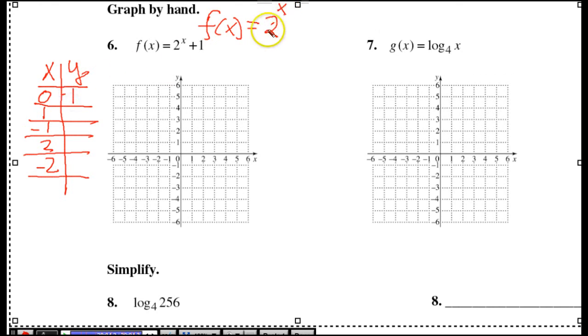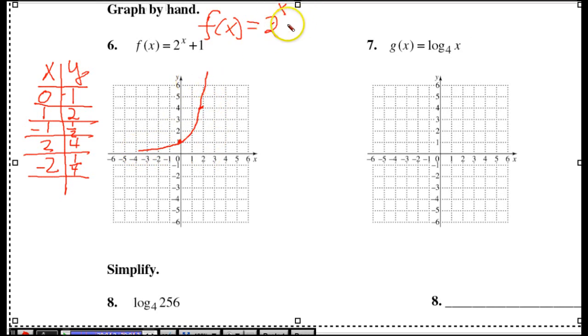If x is 1, then this is a 2. This is its reciprocal. If x is 2, this is a 4. And this is its reciprocal. So plotting that, it would always go through 1, and then 2, 4, 2, 4 right there. And basically our curve is like so.